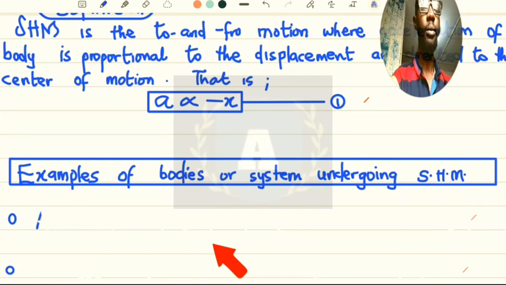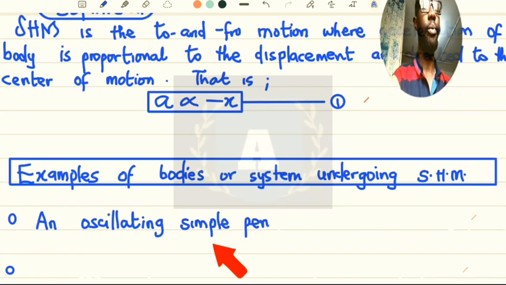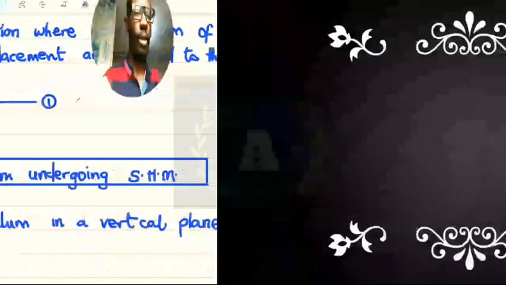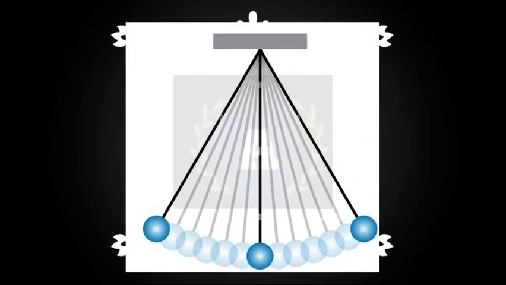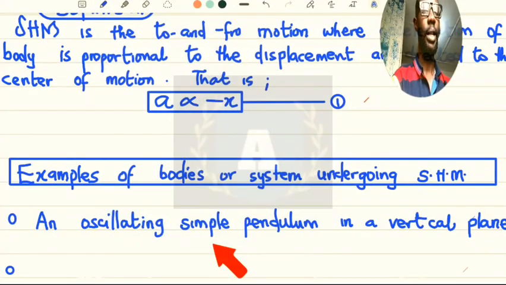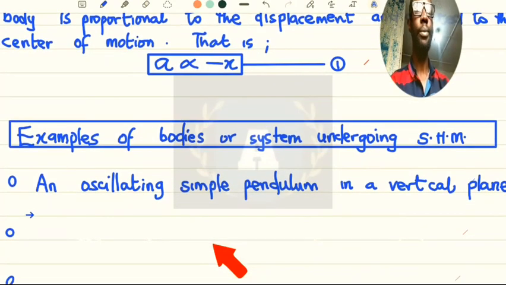So now the first example is an oscillating simple pendulum in a vertical plane. As you can see in the diagram, that is an example of an oscillating simple pendulum in the vertical plane.